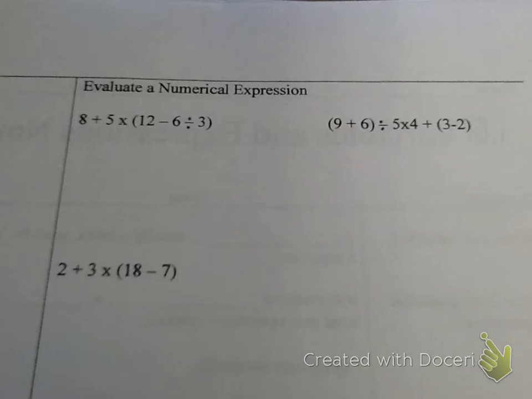Evaluating a numerical expression. So evaluate, once again, is telling us to find the answer. And we have an expression here. These x's, however, are multiplication symbols. So this is just an order of operations problem where I have to do parentheses first.